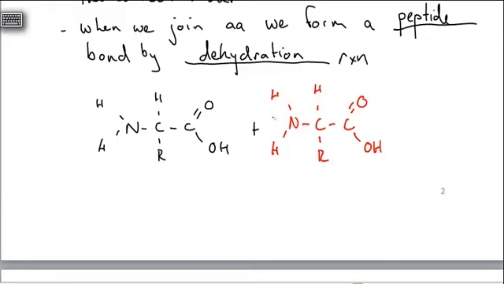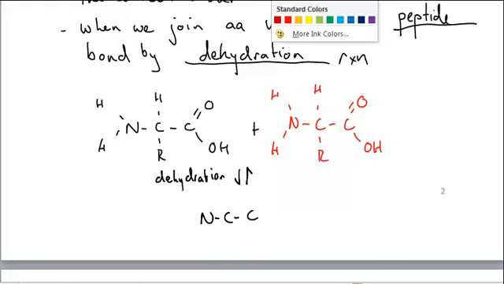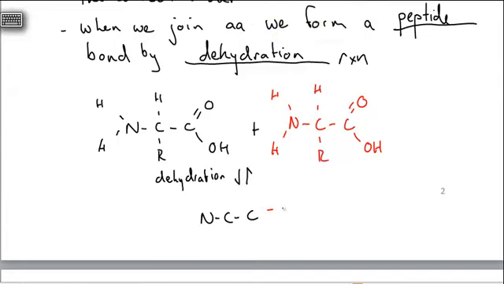Coming together, and we're just going to draw, rather than beside because I've run out of room, the synthesis, so the dehydration, right below it. We're going to get the NCC, and it's going to attach to the next NCC.